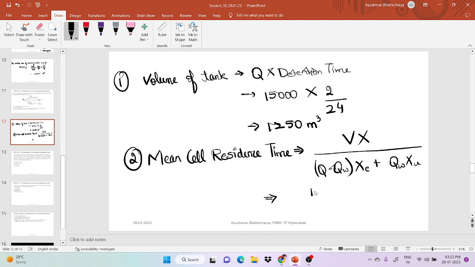There we have the volume equal to 1250, which we just calculated.